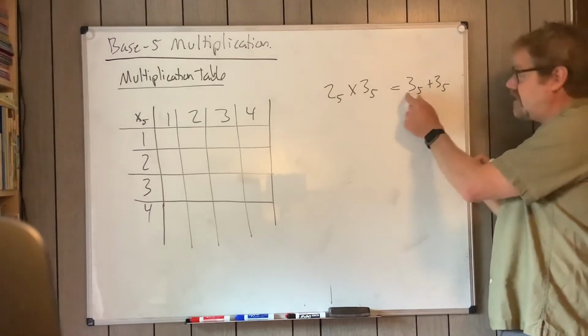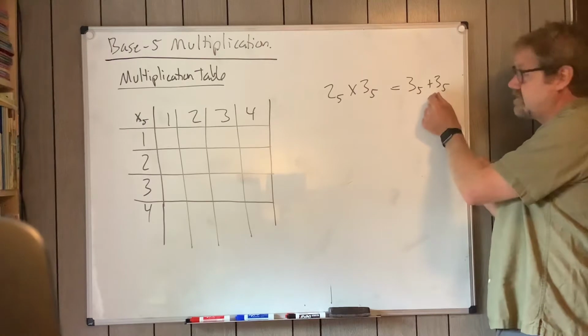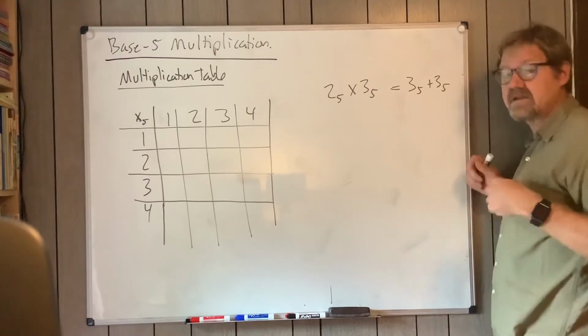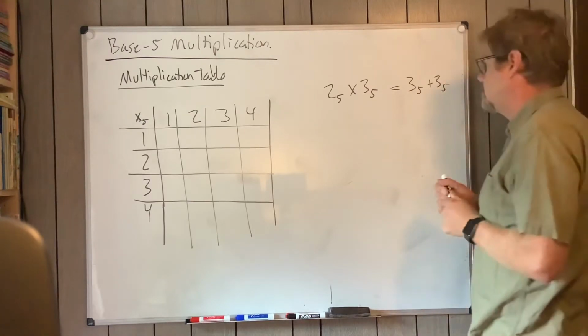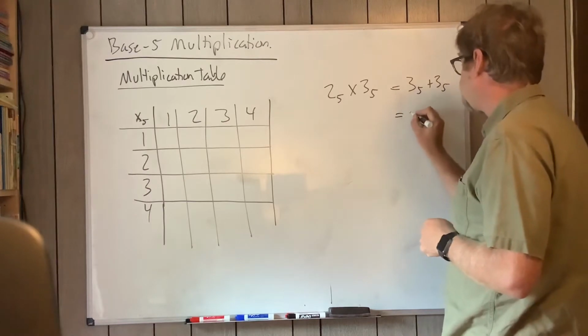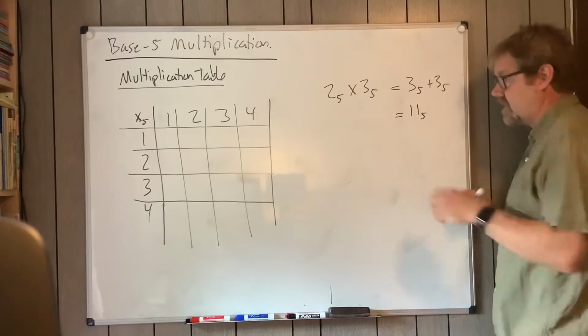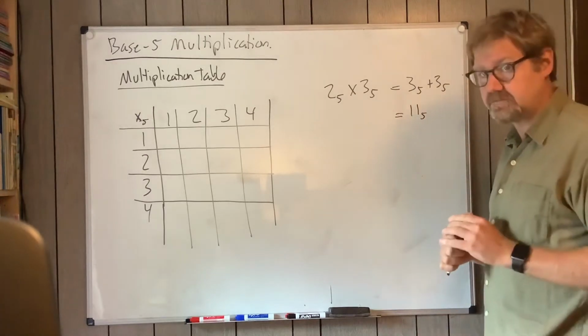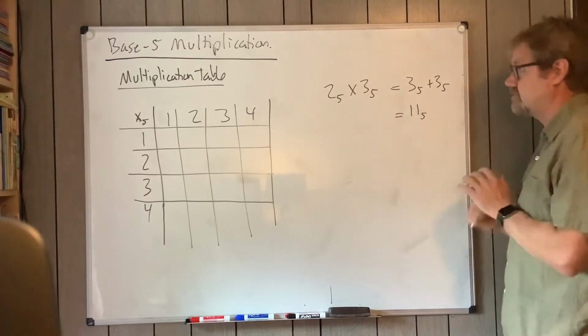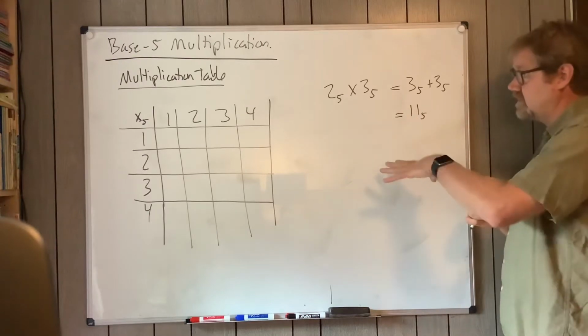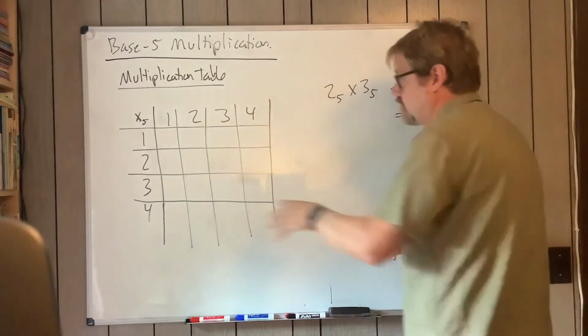Now, in base 5, I'm thinking about this as 3 pennies and 3 pennies. It gives me a total of 6 pennies, but that's 1 nickel and 1 penny. So that's 1, 1 base 5. Don't say 11, that means base 10. 1, 1 base 5.